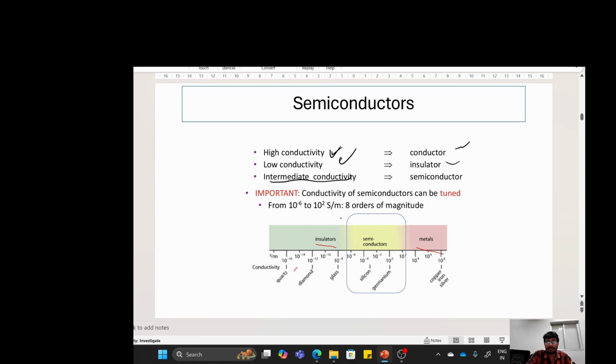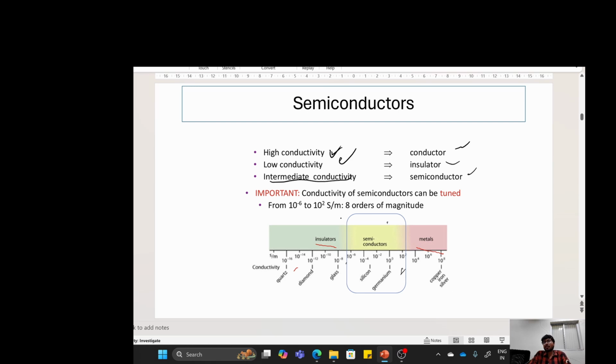Intermediate conductivity, between 10 raised to power minus 6 to 10 raised to power minus 2 Siemens per meter, is the semiconductor. What is attractive in semiconductors is the tunability of the conductivity. You can tune the conductivity in semiconductors by doping.